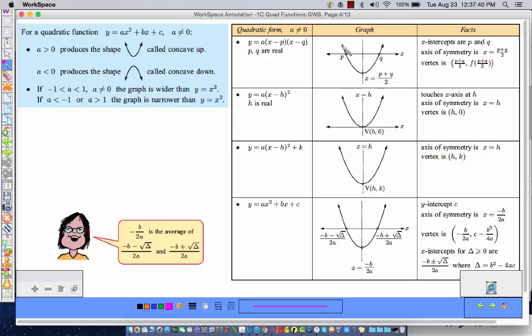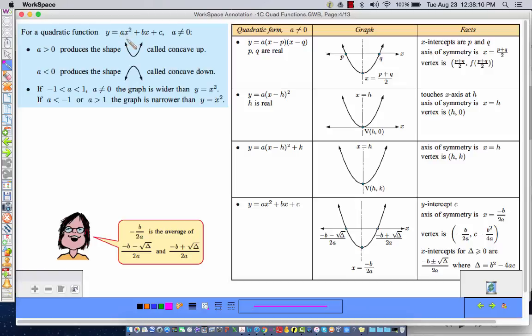So with a parabola, you can either have it intersecting the x-axis in two spots, touching it at exactly one spot, or not touching at all. This would correspond to two real solutions. They may or may not be rational. This would be a double root right here, and here would be no solutions because it doesn't touch or cut the x-axis.